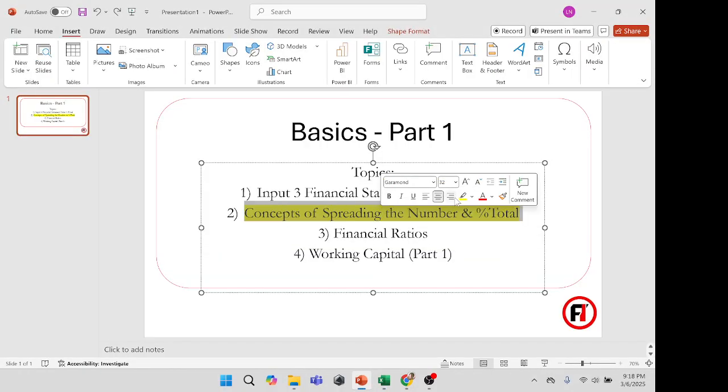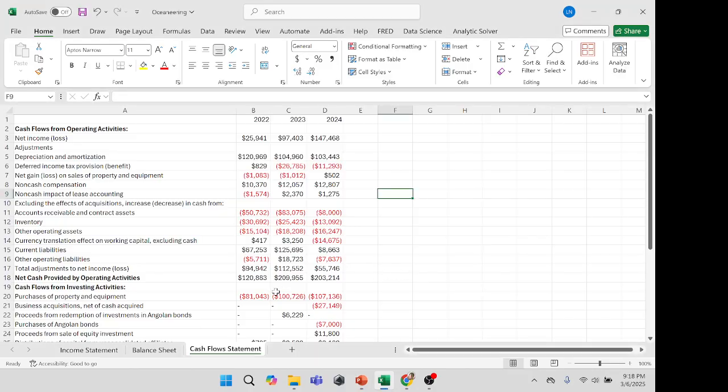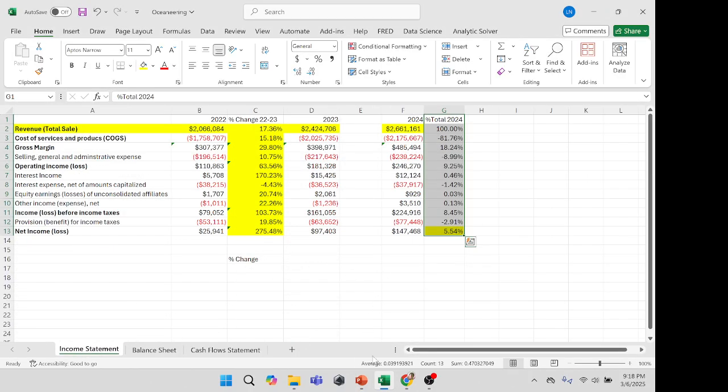So that covers the second point. The next point is the financial ratios. When it comes to financial ratios, let me give you an example.